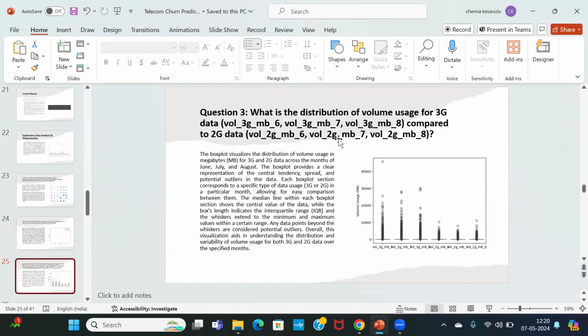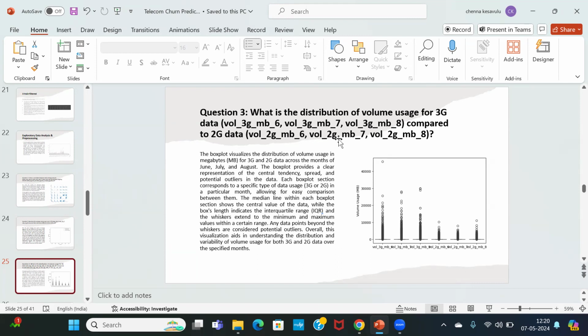And the third question is, what is the distribution of the volume usage for the 3G data compared to 2G data? The box plot visualizes the distribution of the volume usage in megabytes for 3G and 2G across the months of June, July, and August. The box plot provides a clear representation of the central tendency, spread, and potential outliers in the data.